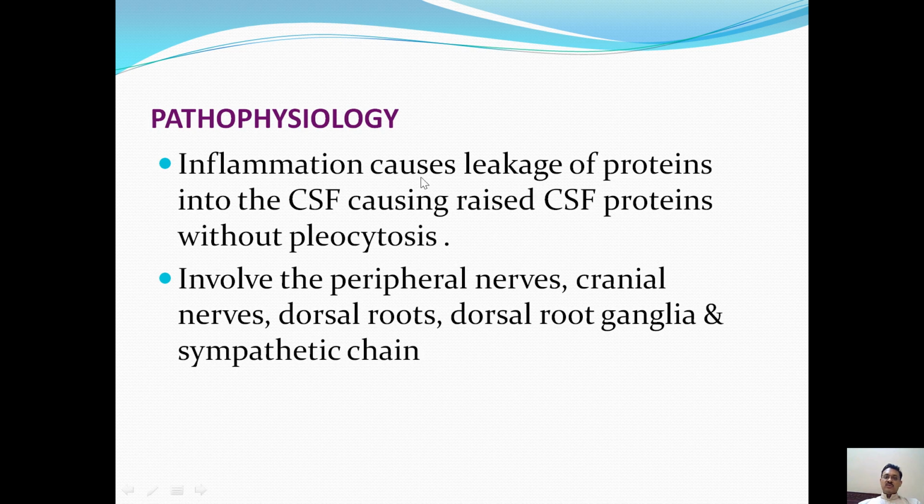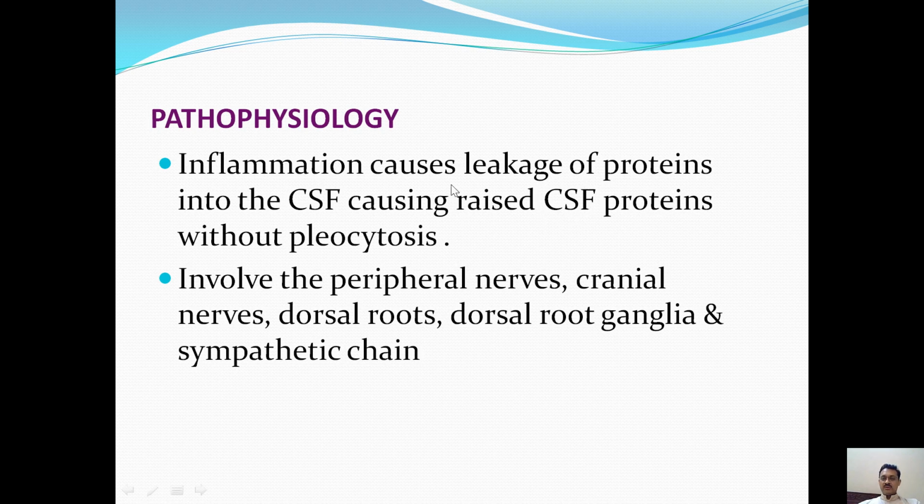Inflammation causes leakage of proteins into the CSF. That part of the nerve which is intramedullary or intradural, inflammation of that area causes leakage of proteins into the CSF, causing raised CSF proteins. So we use this as a diagnostic criterion as well.